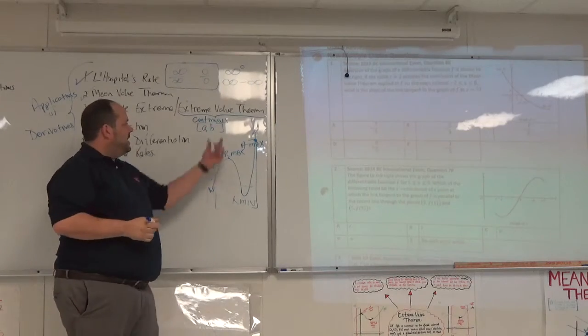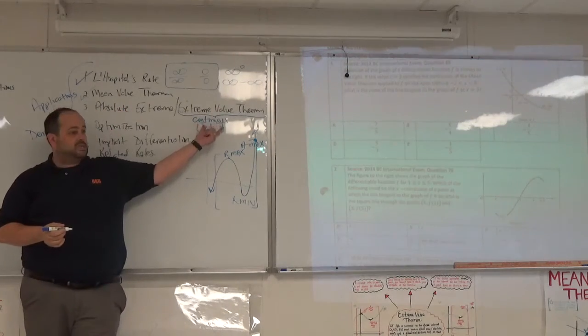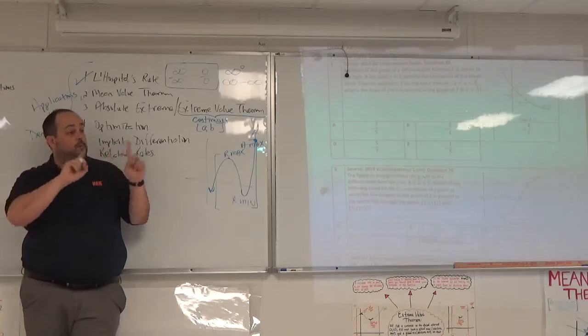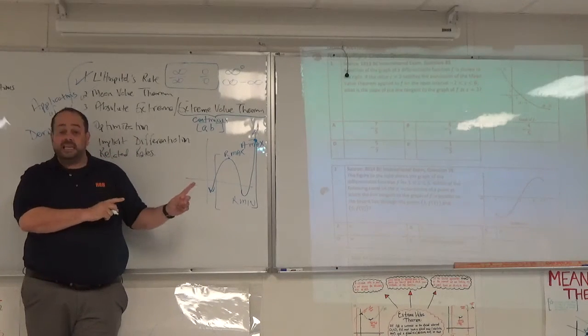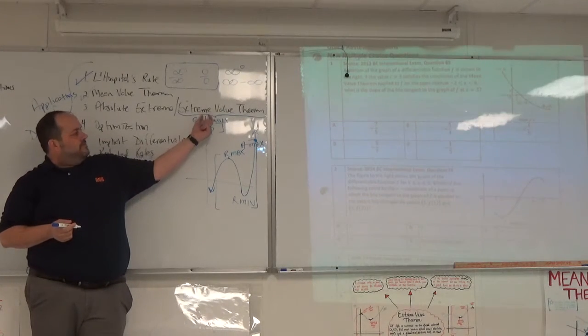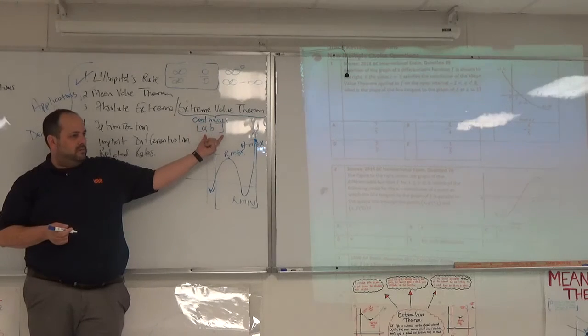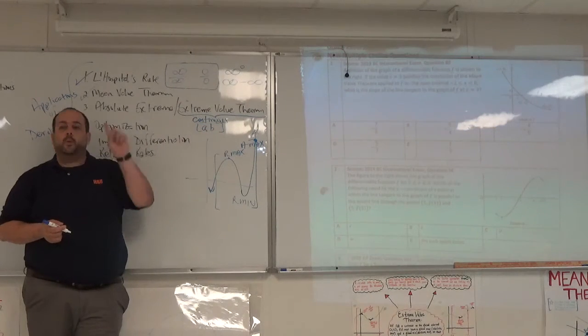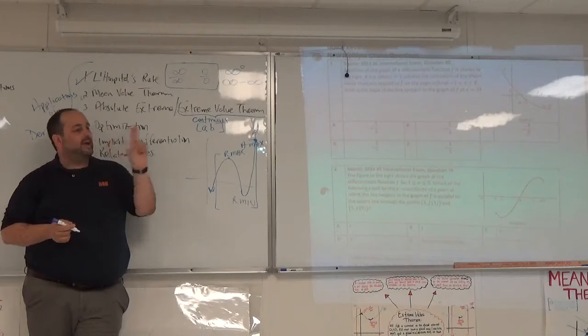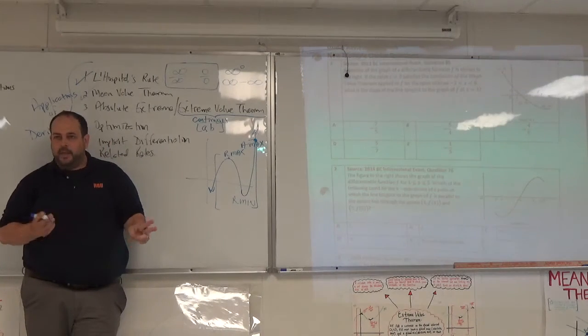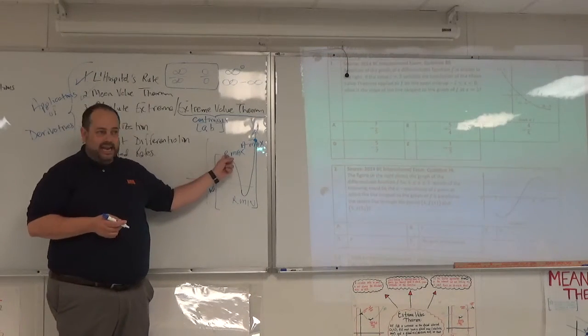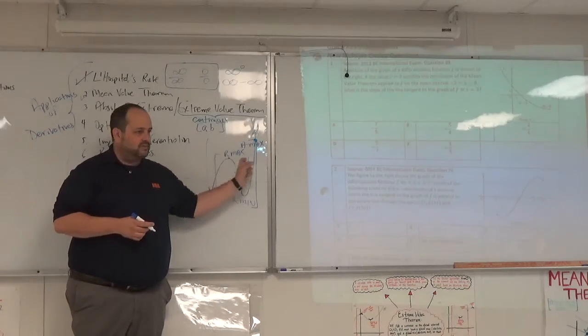So another named theorem: the conditions are continuous on a closed interval. The promise, the thing you're guaranteed, is that if I have a continuous function on a closed interval, there will be an absolute maximum and there will be an absolute minimum. Where do we look? We look at our candidates and we look at the endpoints all of the time.